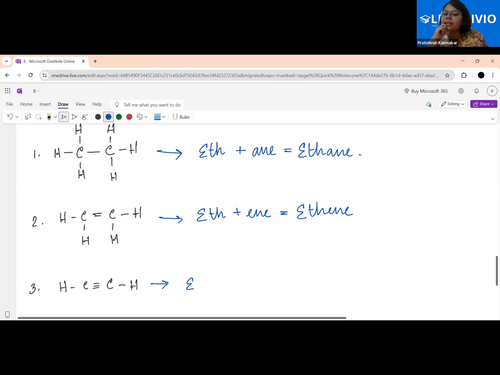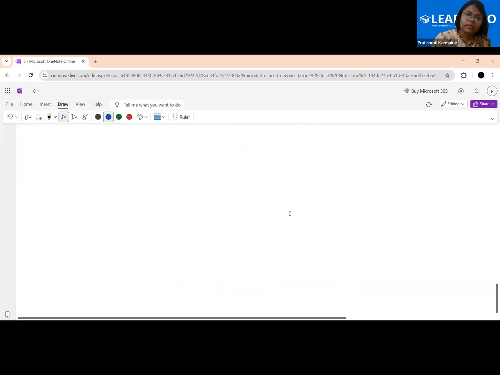For propyne, we have to have number of carbon to be 3. Here, what is the number of carbon we have? Okay, sorry, ethyne. Fine. So we have number of carbon of 2, so it will be eth and triple bond, so it will be yne. Correct. Now let me give you some more compounds.